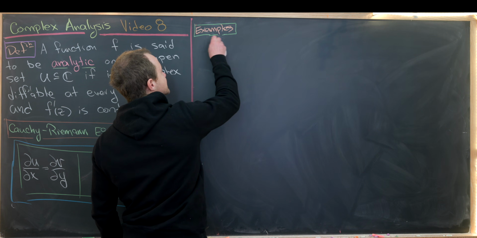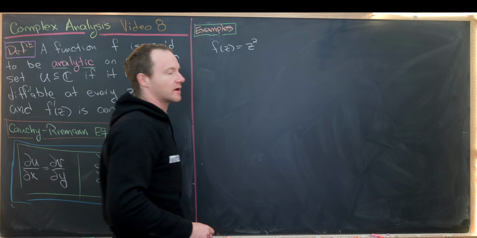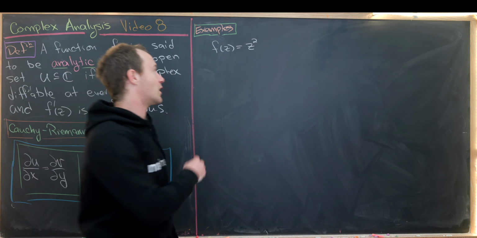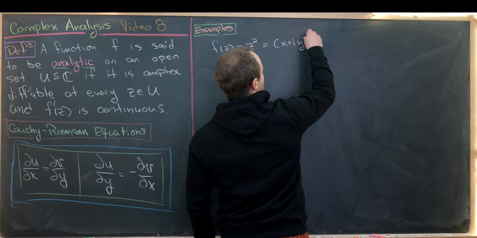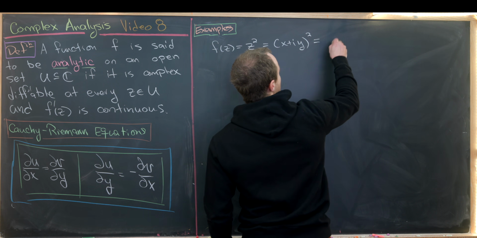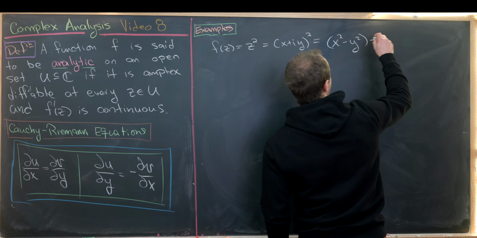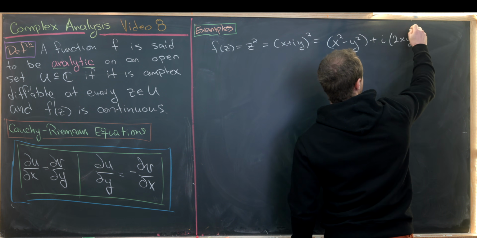So for our first example, let's look at the function f of z equals z squared. But throughout, we'll write z as x plus iy. So that means this is (x plus iy) squared, which means we have x squared minus y squared plus, let's see, i times 2xy.